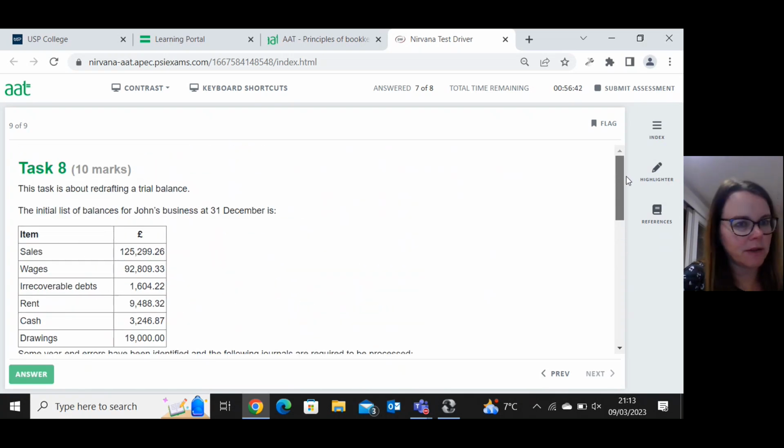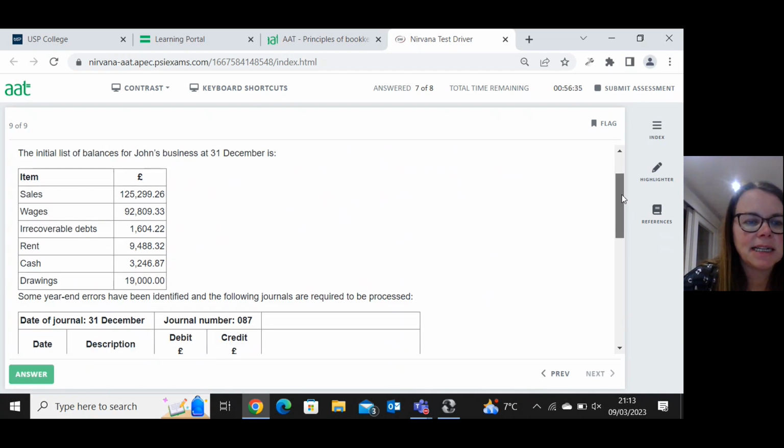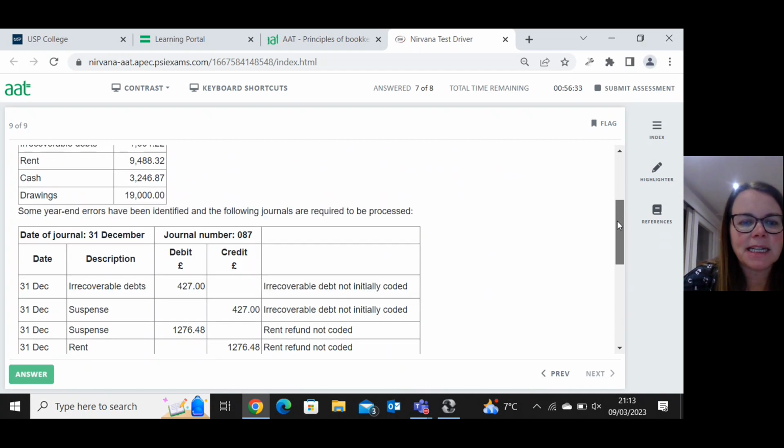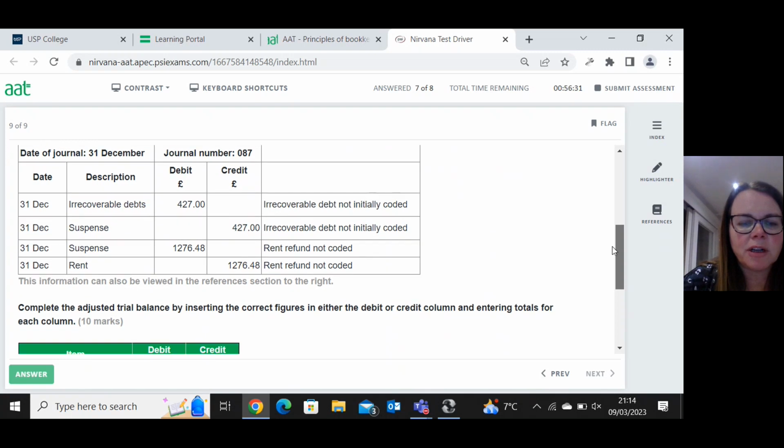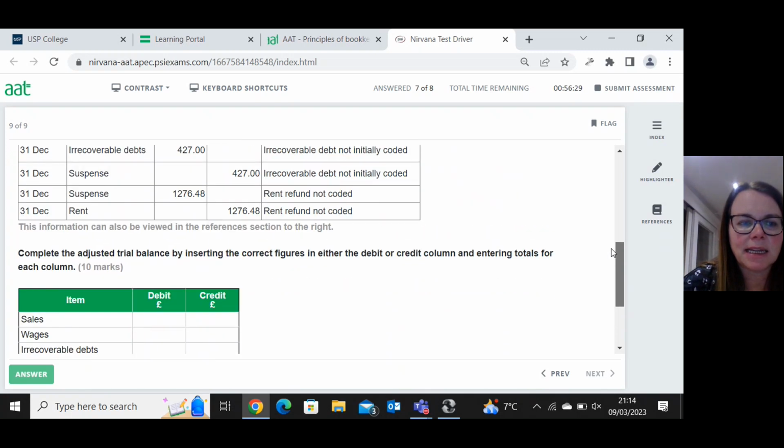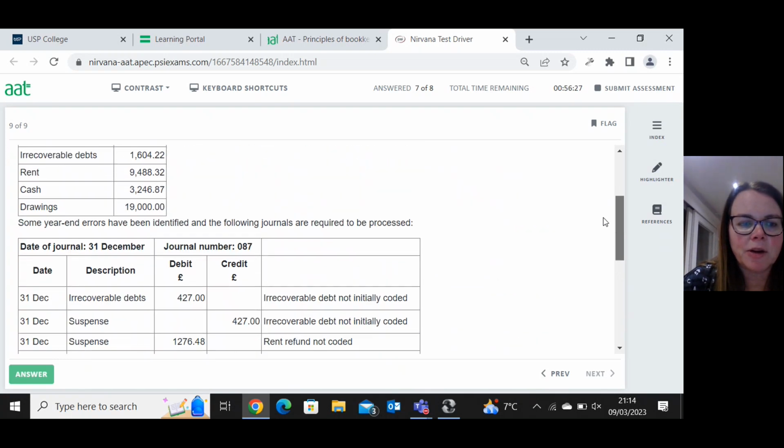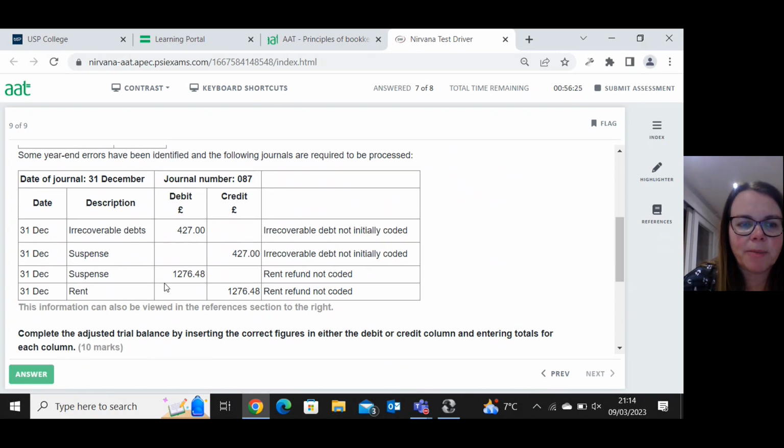Right, so on to the final task, task 8. We've got an initial list of balances, and some year-end errors have been identified. Once you know what you're doing, this question should be easy. You look and see what accounts are in play in the journal. So I've got irrecoverable debts where I have to debit 427.